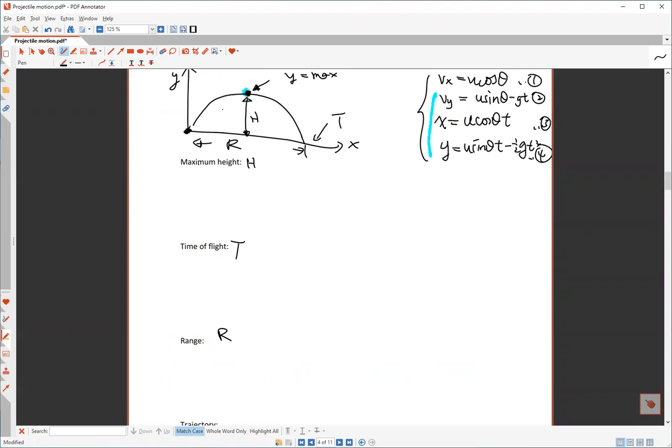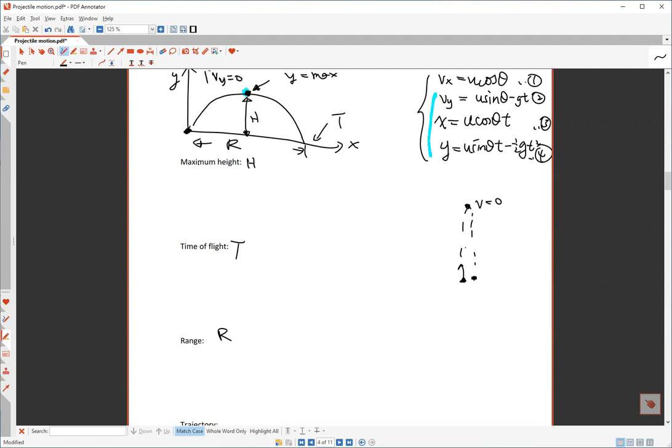So actually, for the highest point, just like if you are throwing a ball upwards, at the highest point, the velocity is zero. You can prove it very easily. Let's say at the highest point the vertical velocity is not zero, so that means it can still go up. So that means that is not the highest point. So at the highest point, the vertical velocity is zero.